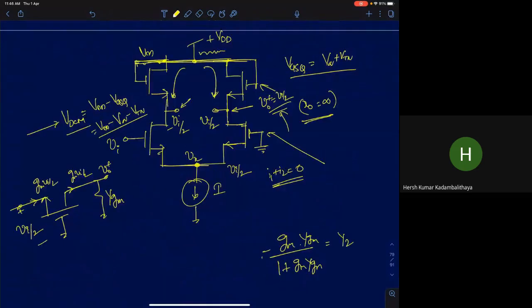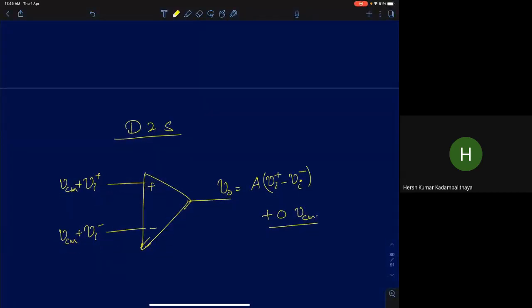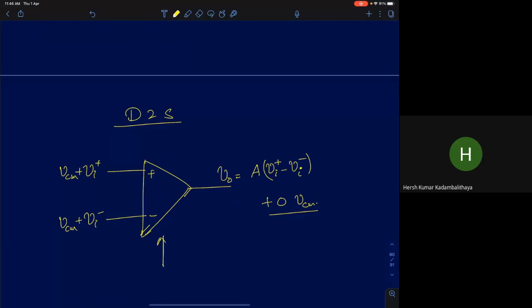The next part of this is how to convert differential to single-ended. I need to build a circuit which can take two differential inputs, which can have unwanted common mode noise attached to them, and I'm supposed to ignore that and only generate a single-ended output which will respond only differentially.